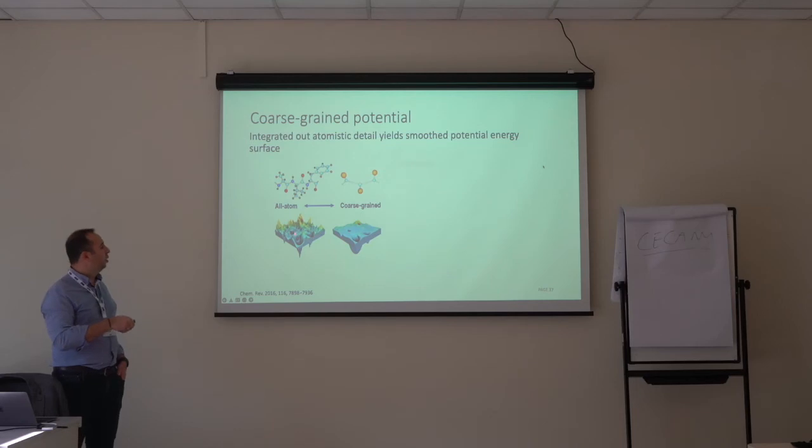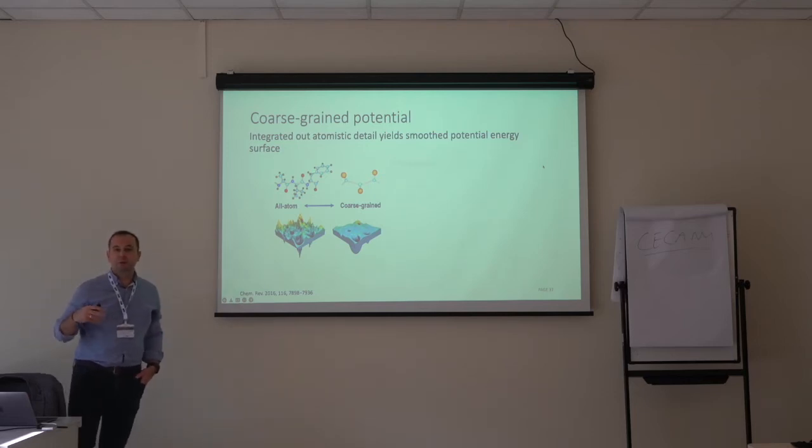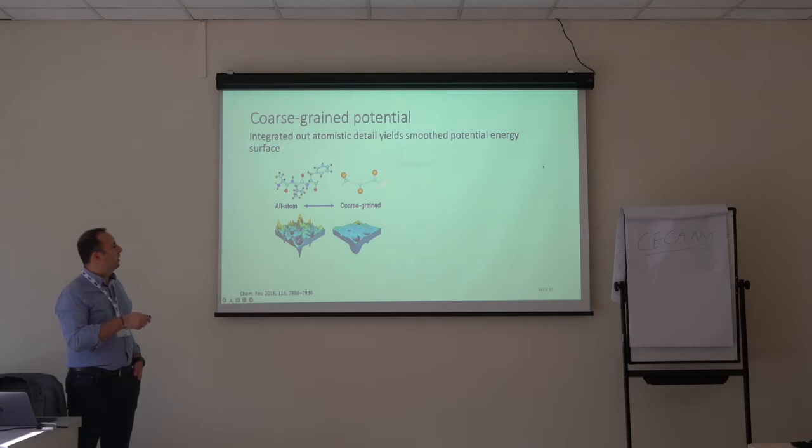All the local minima associated with the conformations of the atomistic system are gone, because you remove side groups and hydrogens and combine heavy atoms together to represent them as a 6-bead representation. All this complexity decreases to this one.